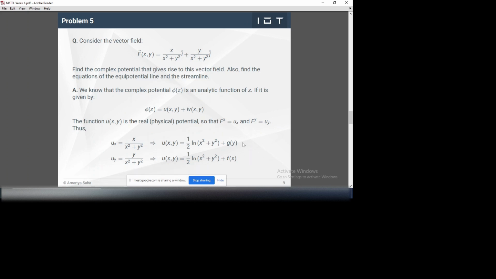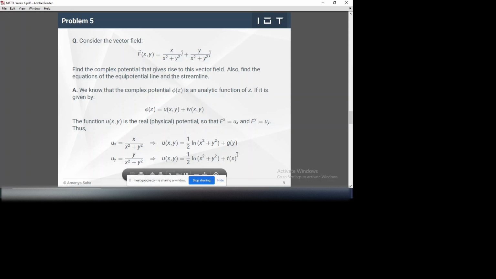You can see that log of x squared plus y squared, divided by 2, has partial derivative u_x, that is given here. g(y) is the undetermined function, as I explained in that problem, and similarly for u_y. This is nothing but one variable integration.